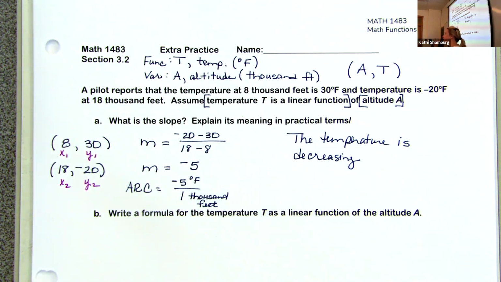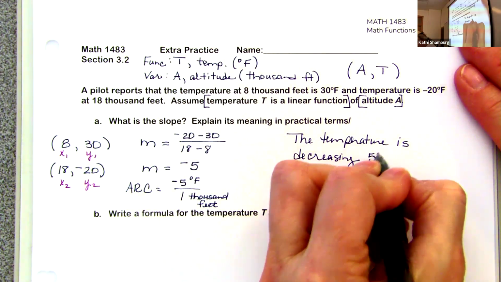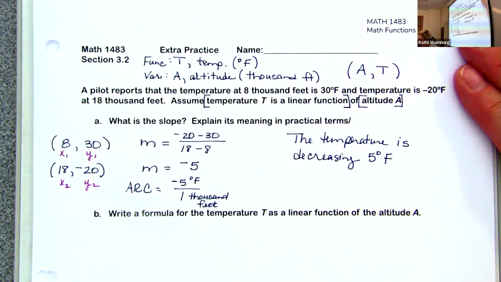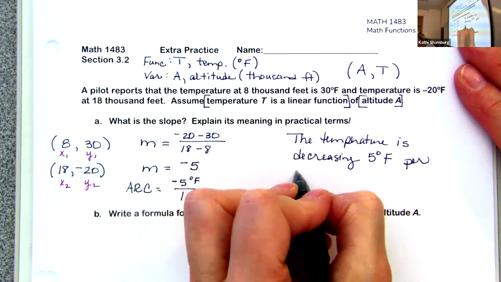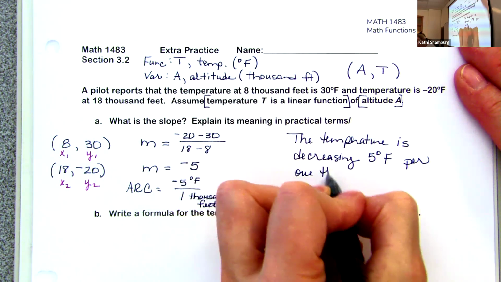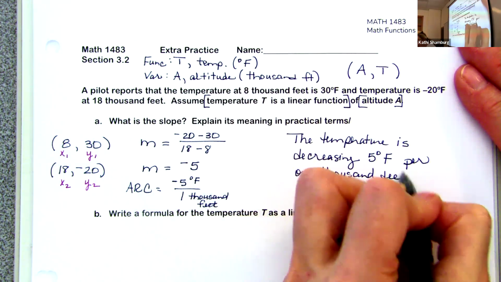No, the word decreasing takes the place of the negative. So it's decreasing 5 degrees Fahrenheit per 1,000 feet.